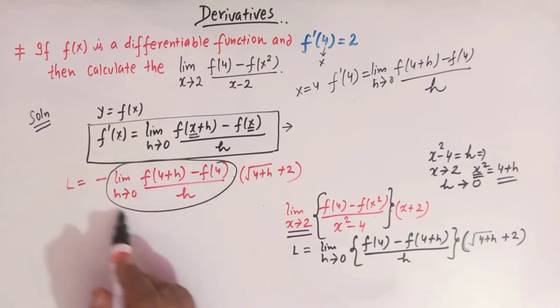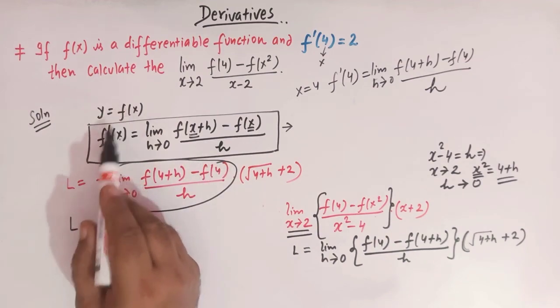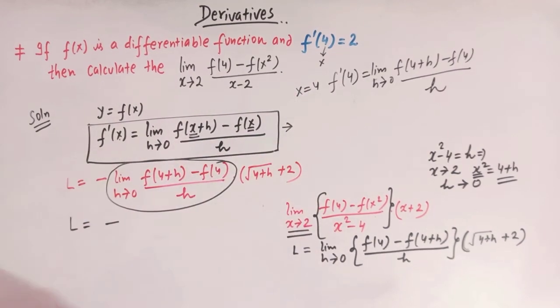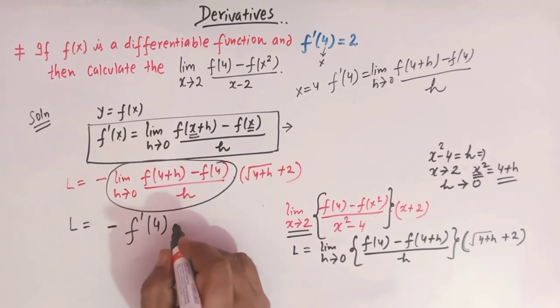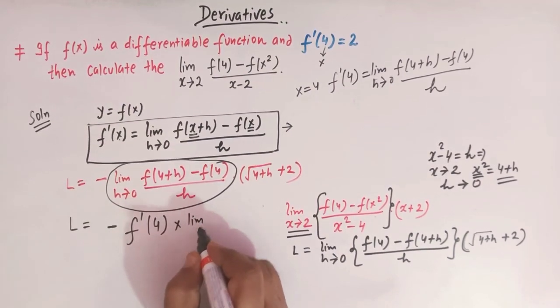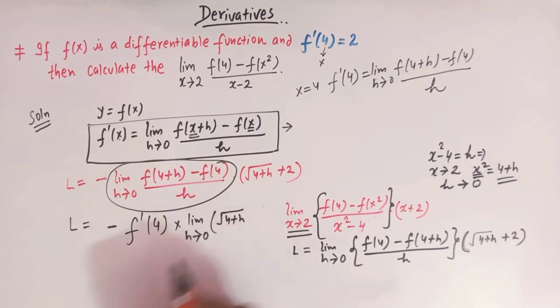So this expression is nothing but the derivative of f of x at x equal to 4. So here we have f prime of 4, and we can write a limit h tends to 0 of square root of 4 plus h plus 2.